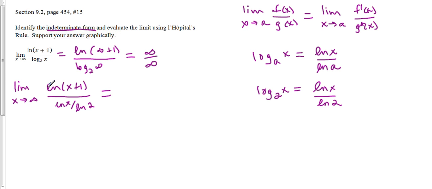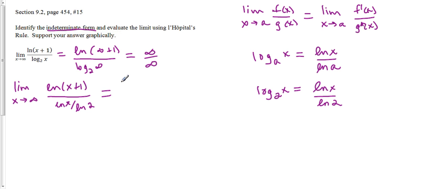Now we've already established that this limit is equal to this indeterminate form and that therefore I can apply L'Hopital's rule. So I'm just going to take the derivative of the numerator and then I will divide it by the derivative of the denominator. So what's the derivative of the natural log of x plus 1?